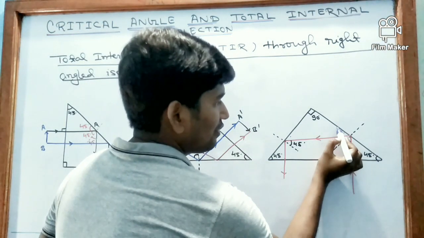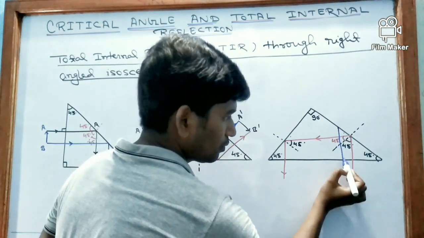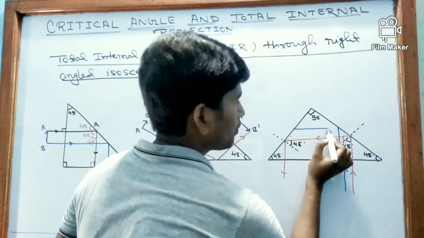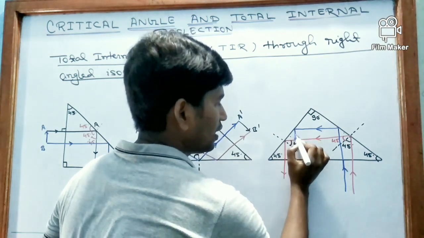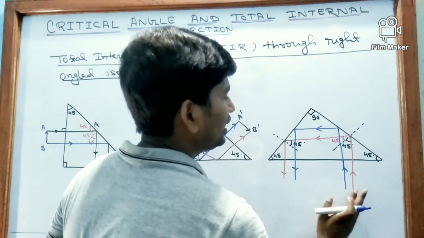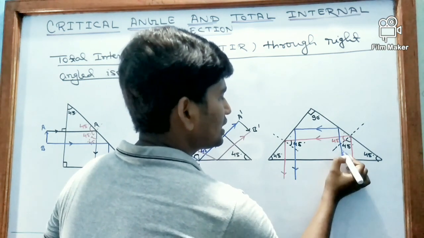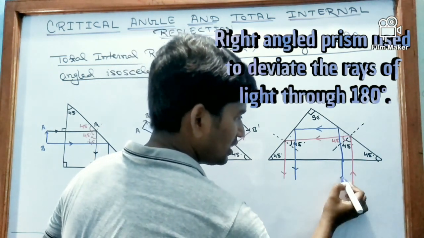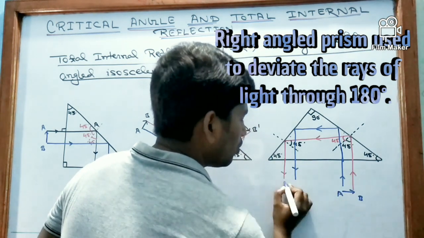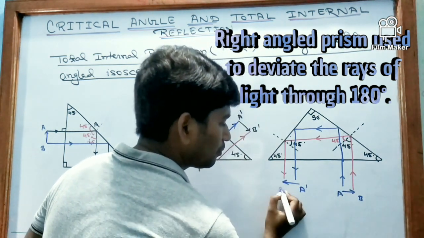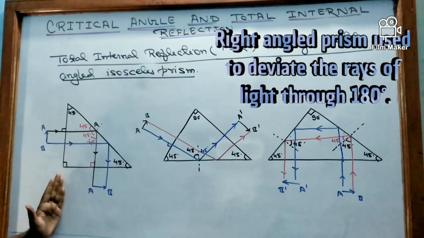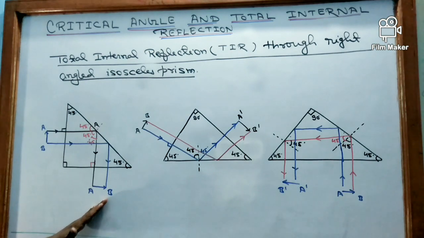For another ray, if I show, it is moving up, then in this way, and then down. So in this case the ray of light gets deviated by 180 degree. Look at this. In the earlier case the ray of light deviates by 90 degree.